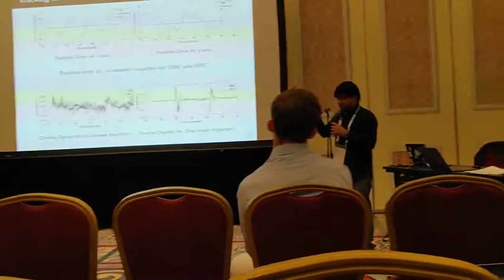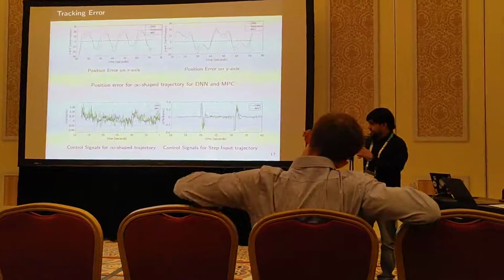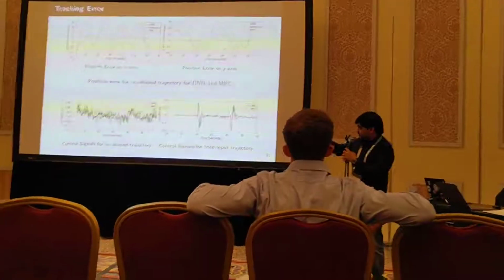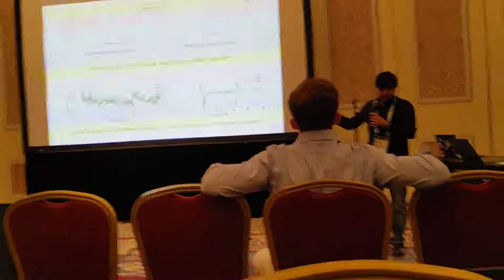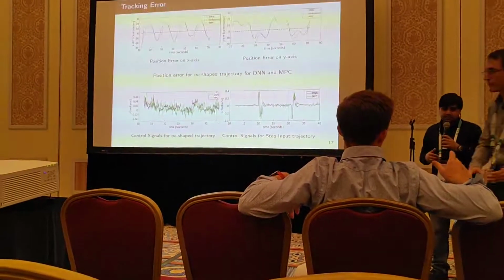So curve fitting should be the reason that the smoothness is coming in the DNN in place of MPC. As you can see in the curve, the blue line is much smoother than this green one, so the training process must be the reason.